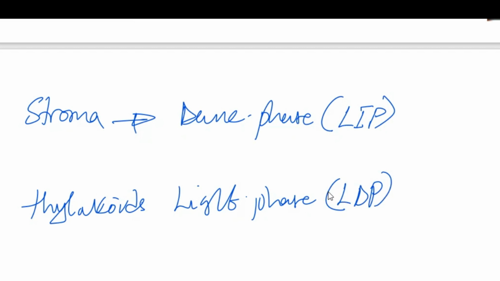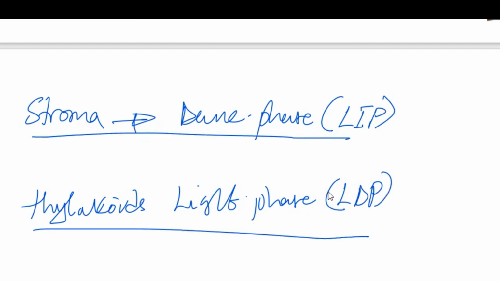So the light dependent phase occurs in the thylakoids, on the granum. And then the light independent phase, which we call the dark phase, occurs in the stroma.